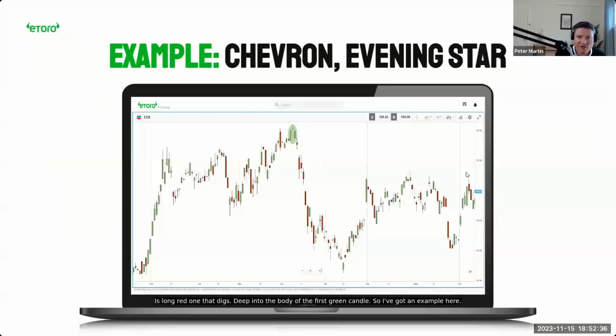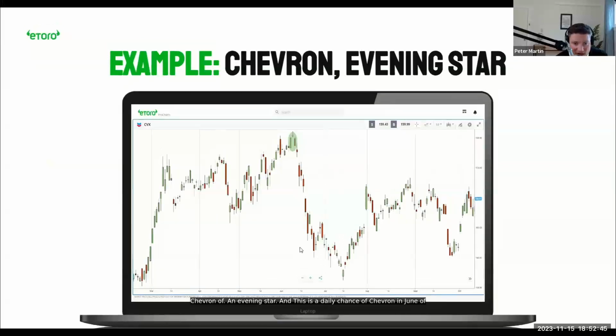So I've got an example here of an evening star, and this is a daily chart of Chevron in June of, let's have a look when that is. Yes, so this is the daily one. This is June 2022, and the highlighted area is in June. We can see that the price was advancing all the way through May and into early June.